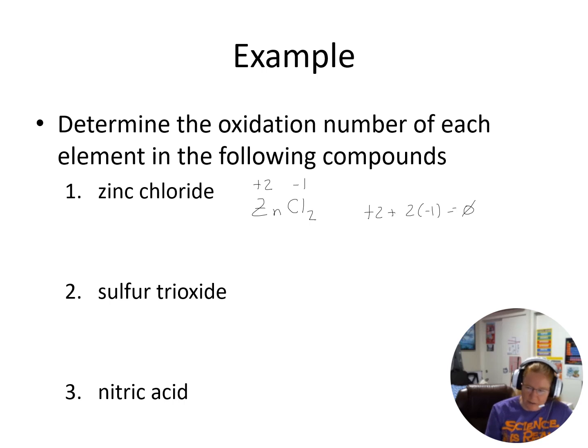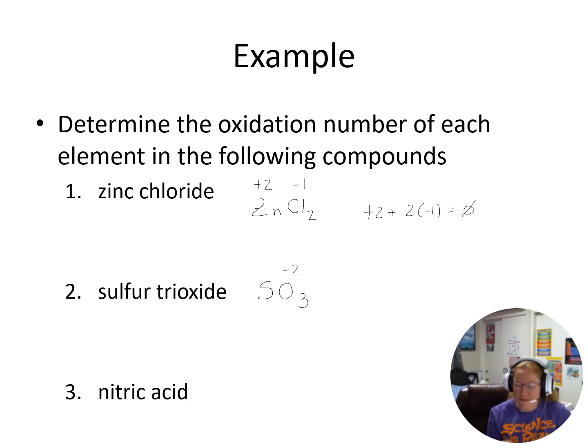Now let's try a covalent one, sulfur trioxide. Oxygen has a rule from that slide that I showed you with rules. The rule with oxygen is that it's -2. Sulfur doesn't have a rule, so we're going to have to balance out the charges to figure out what sulfur is. We only have 1 sulfur.